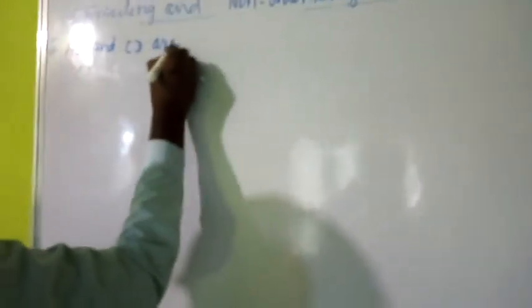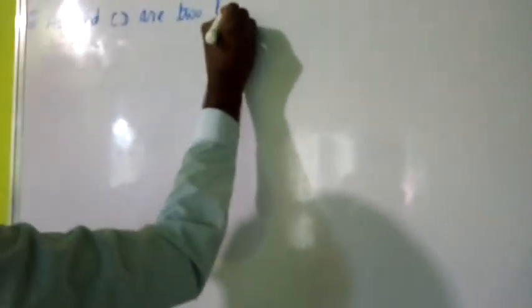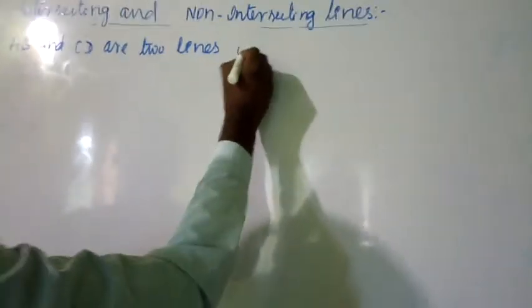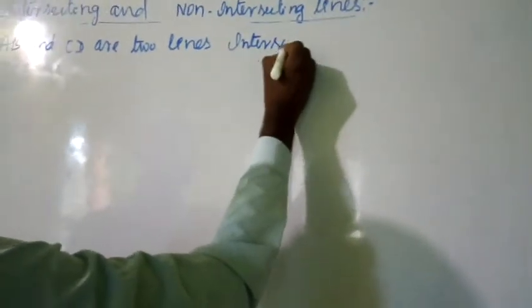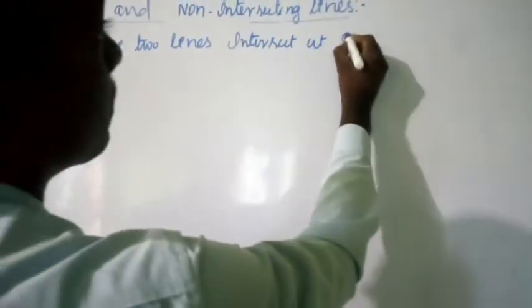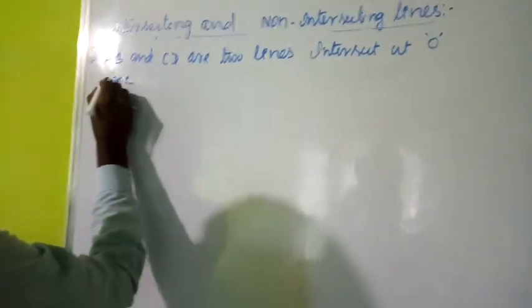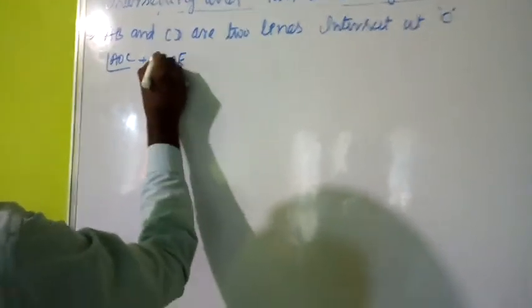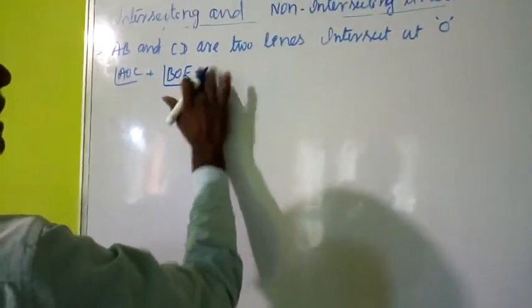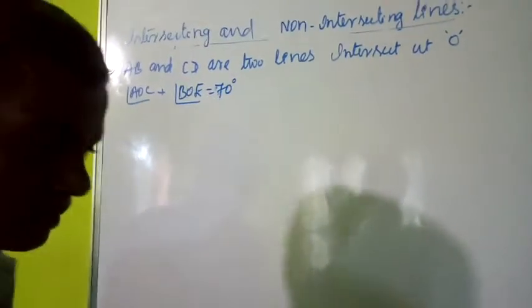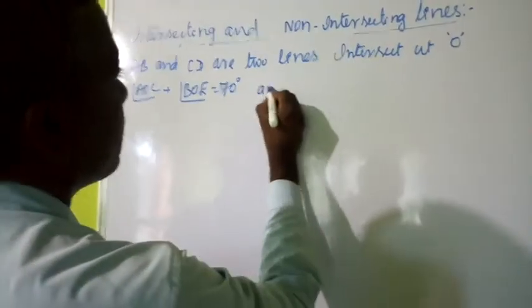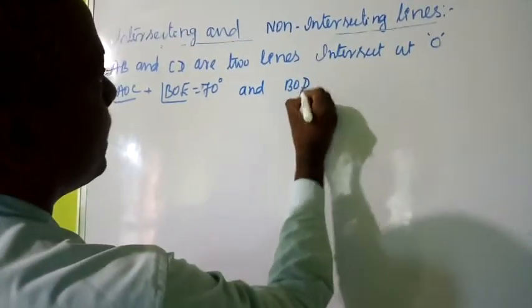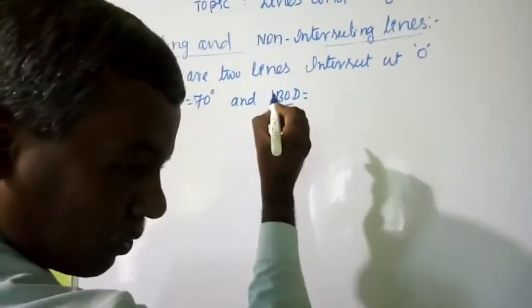Now the second problem. AB and CD are two lines intersecting at O, and angle AOC plus angle BOE is given as 70 degrees, and one more angle, BOD, is equal to 40 degrees.